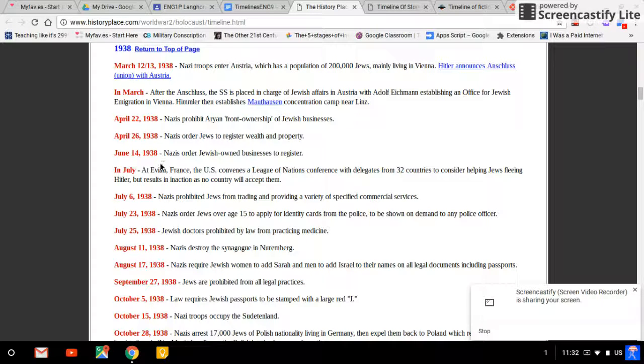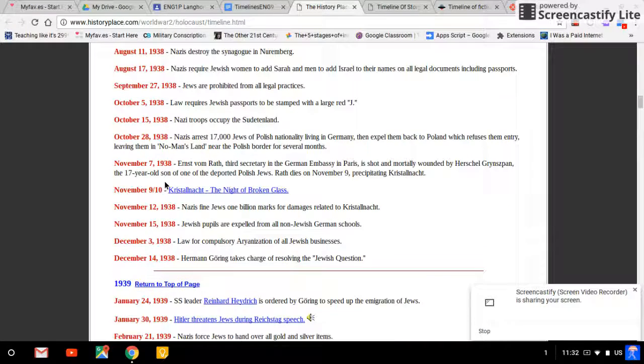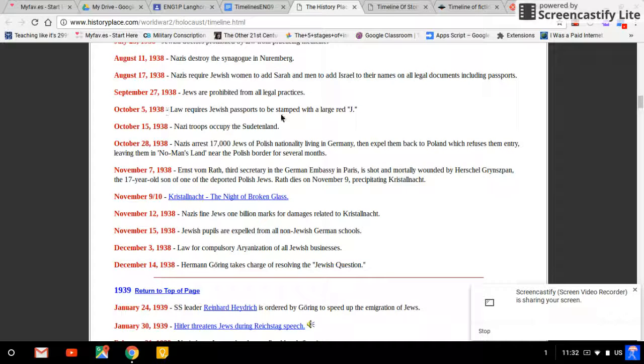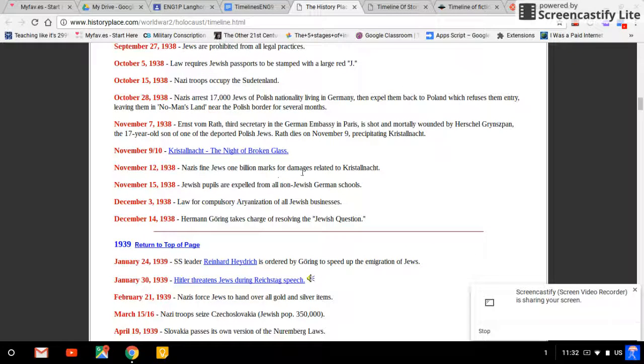People are prohibited from or forced to register their businesses. All these events lead up to Kristallnacht, when essentially Jewish people lost everything. I mean, there was nothing left.